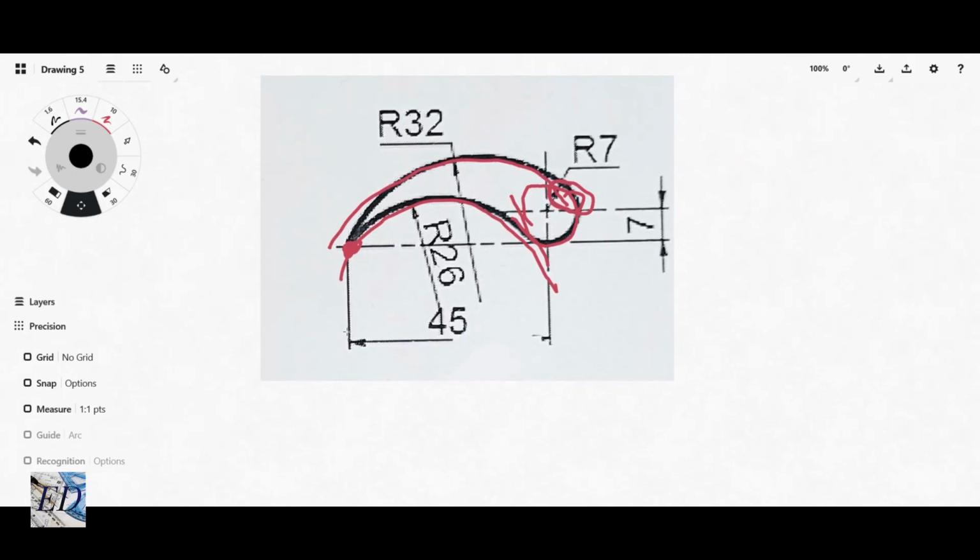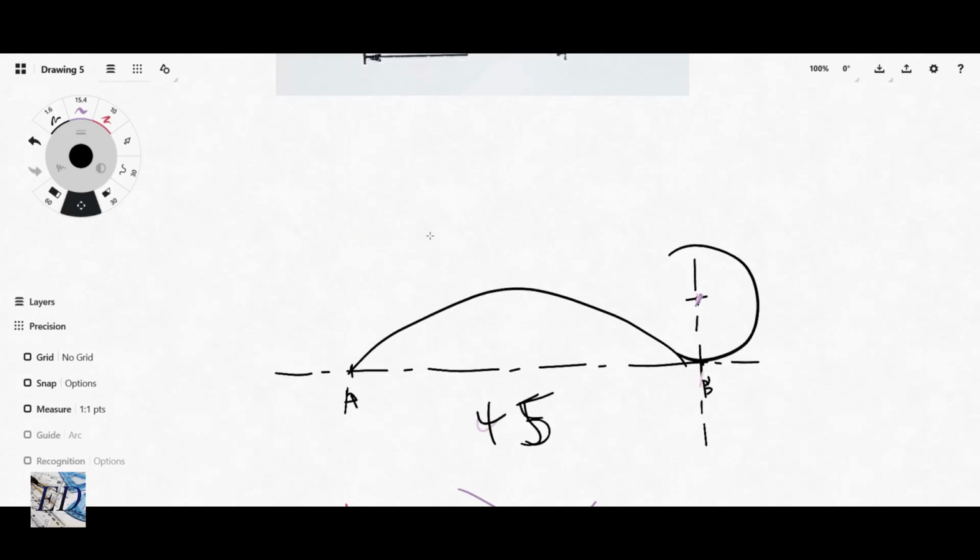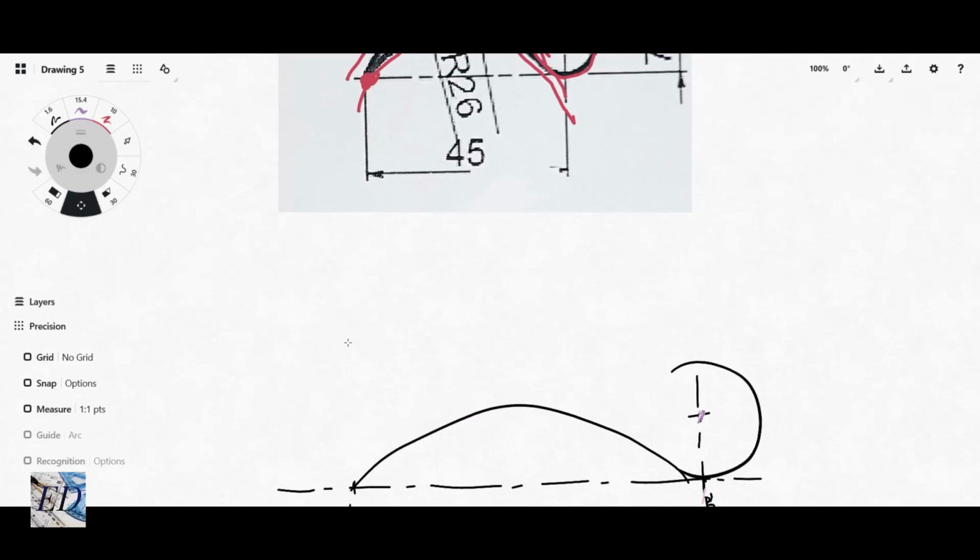Now I'm sure you get why we subtracted the 7, because they are touching externally, and based on the tangency rule you have to subtract it.